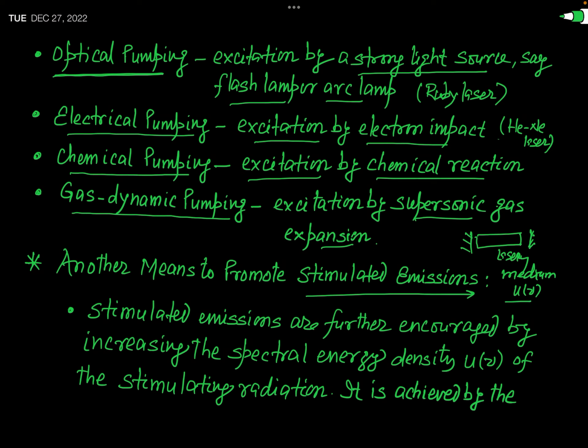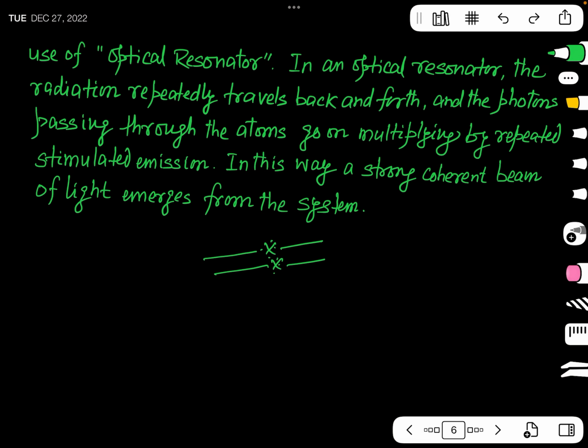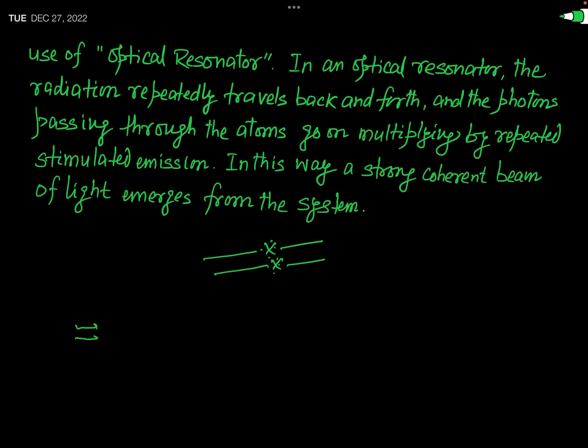This lasing medium is placed between two mirrors, and as you know, when the atoms de-excite from the higher energy level to the lower energy level, a fresh photon is obtained, and this number of photons gets multiplied in geometric progression or in an exponential manner.